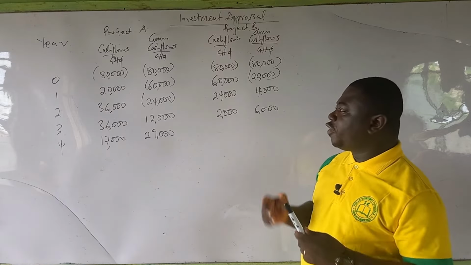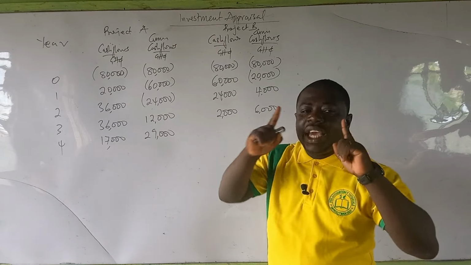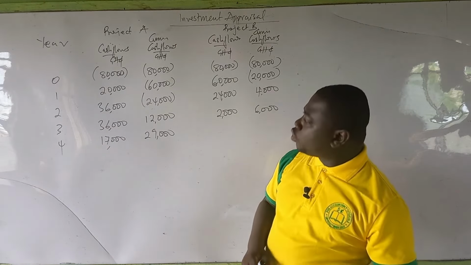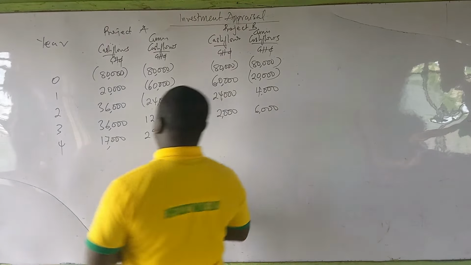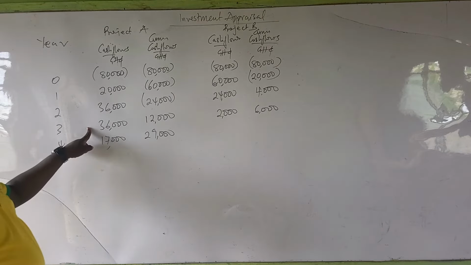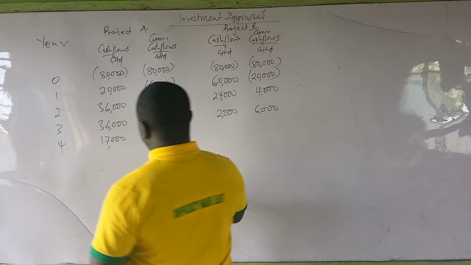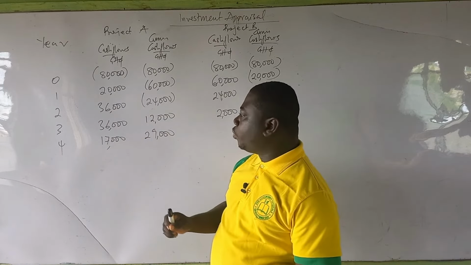So these are two different scenarios. The first one says we should assume the cash flow only occurs at the end of the year. So if the cash flows occur only at the end of the year, then the payback period for project A will be 3 years. Because at the end of the second year, we got 36,000, and couldn't pay off the whole project.